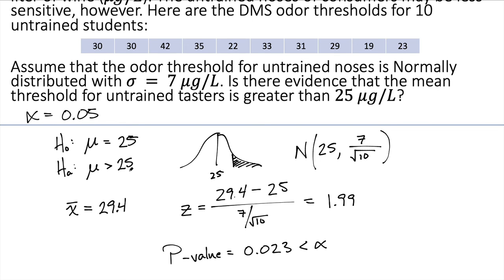That's evidence that's statistically significant at the alpha equals 0.05 level of significance. If I had chosen a smaller level, for example 0.01, this is not less than that. So it's not statistically significant at the alpha equals 0.01 level of significance.